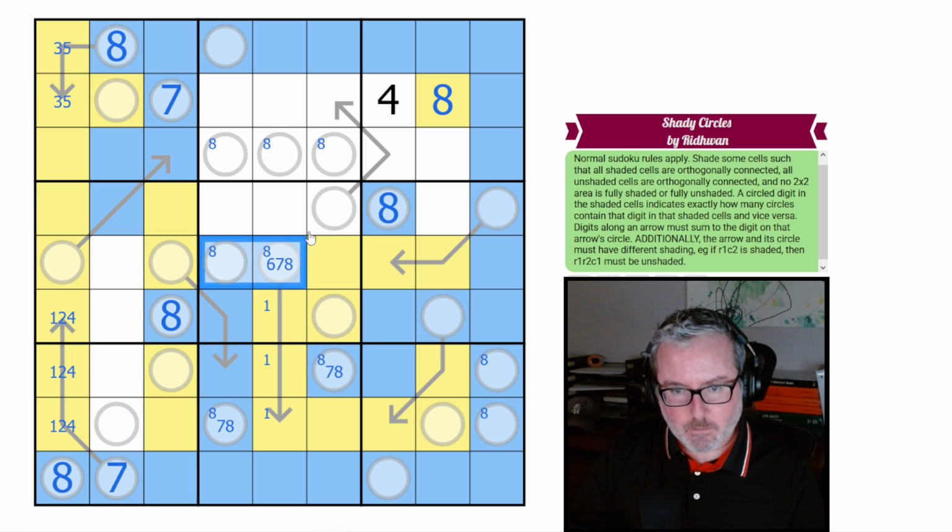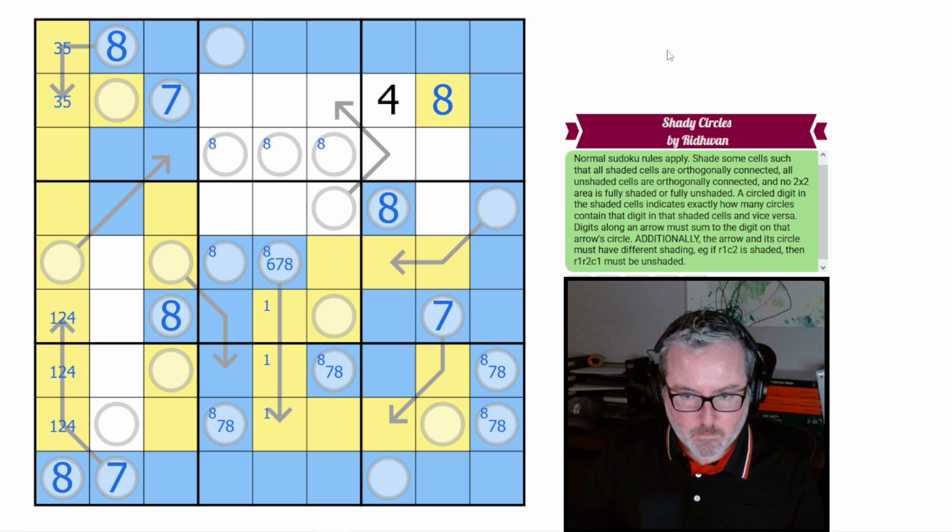Can't necessarily rule in a 7 on any of those yet. Okay, one of these is a 7, which means this is not, which means this is. Good, good, good, good. We're starting to get somewhere now. It's taken a while, but we're getting there. 7s and 8s are an X-wing, so we're fine with that.